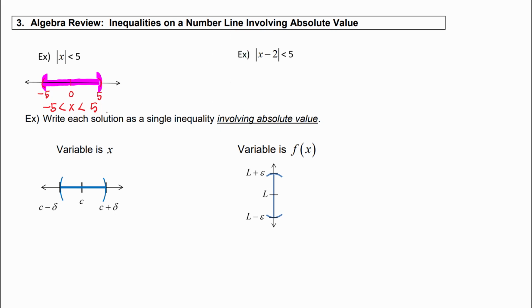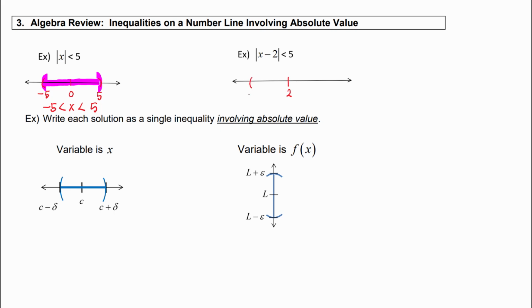This time, absolute value of x minus 2 less than 5 means: what are all values of x if we want the distance of x from 2 to be less than 5 units? So the center is not 0 anymore on the number line. We want the center to be 2, and we want the distance to be less than 5 again.